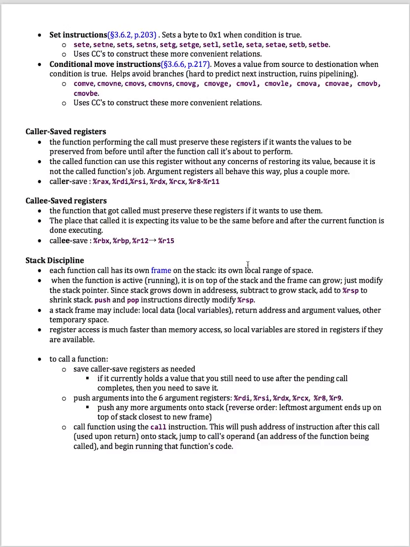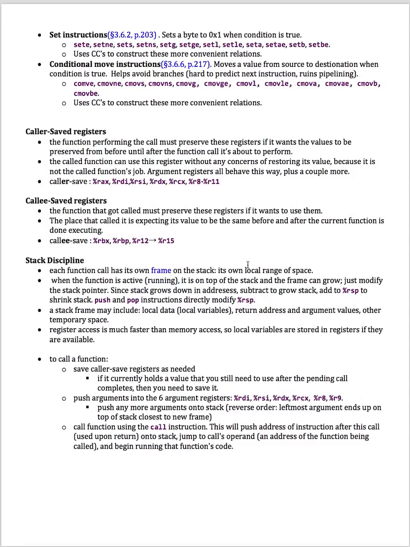Among the registers, by convention, some registers were caller-saved registers, and others were callee-saved registers, where caller-saved registers are the registers that have to be preserved by the caller. And callee-saved registers, on the contrary, are the registers that have to be preserved by the callee.